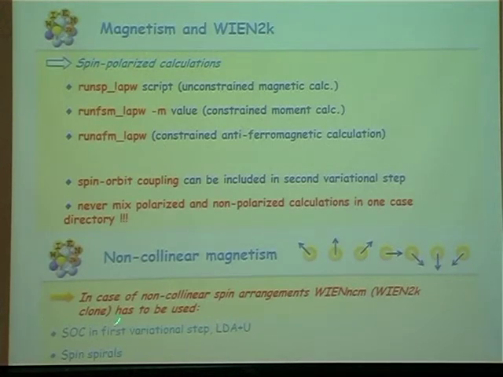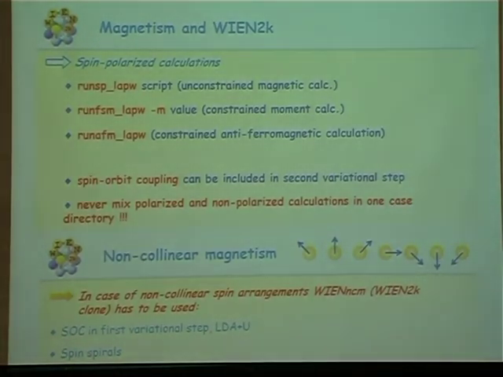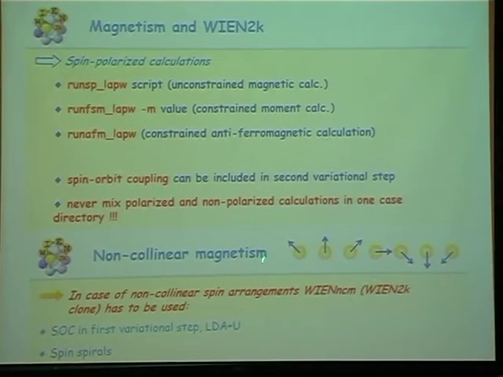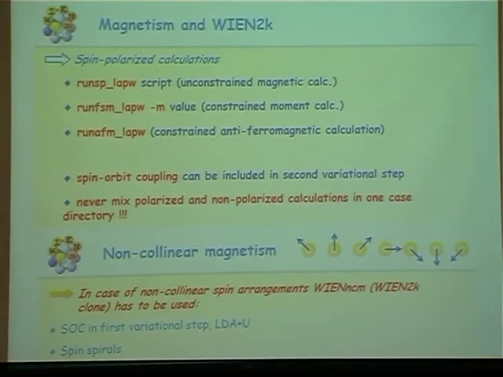It uses spin-orbit coupling already in the first variational step. It's therefore a fairly expensive method, but allows you also to treat spin spirals and all these kinds of things. So you can describe such materials.